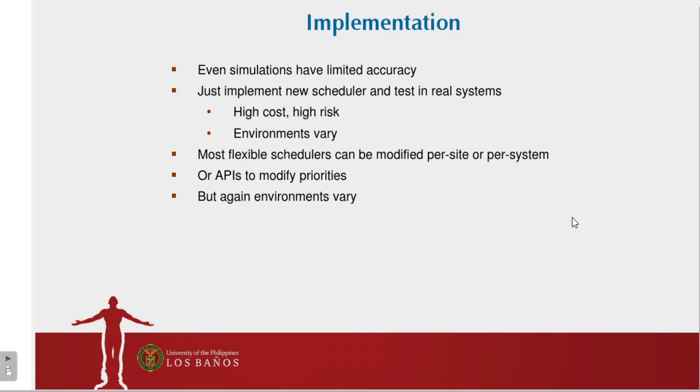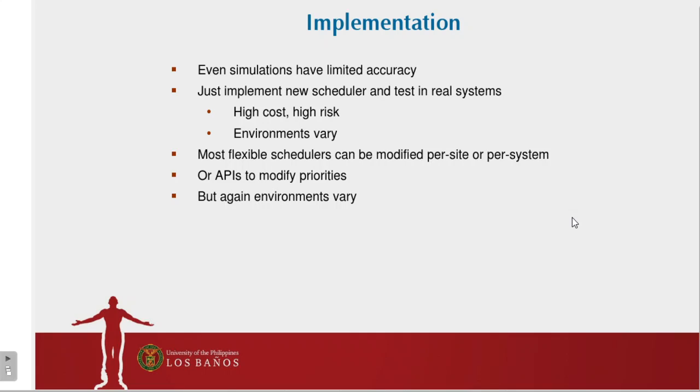Implement the algorithm that you developed. Patch the Linux kernel with your new algorithm, or probably implement a kernel module that implements your new scheduling algorithm. So that's one way to do that.